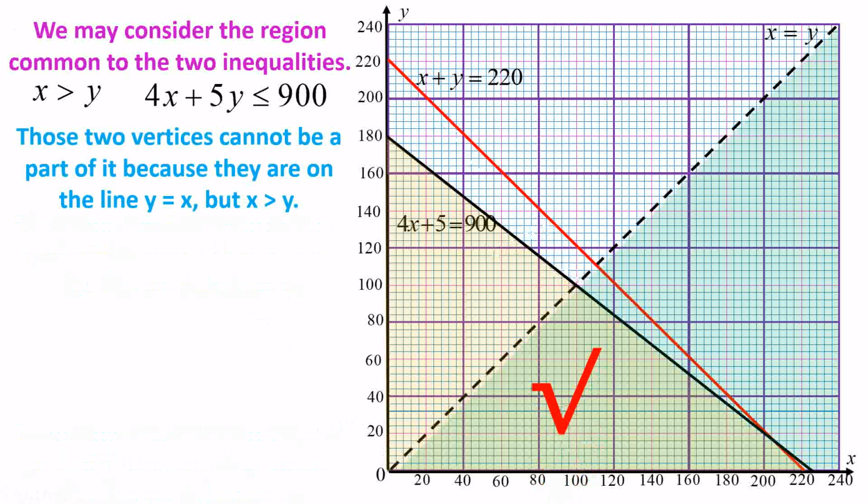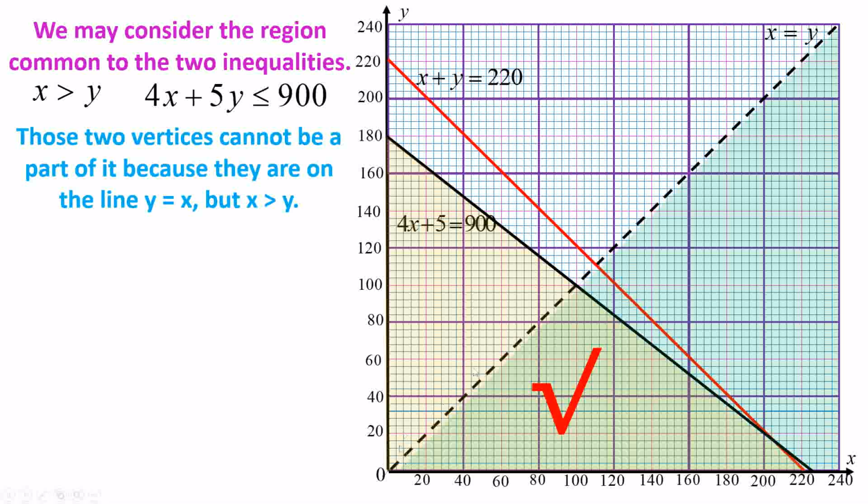Those two vertices cannot be a part of it because they are on the line y is equal to x. Notice that we have two vertices here, which would normally be vertices to consider in a linear programming problem of this nature.